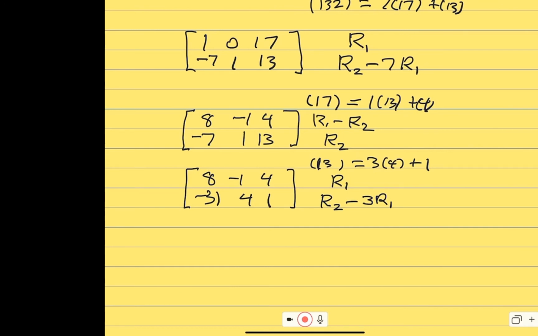All right, since 1 goes evenly into 4, we're done here. This shows in particular that the GCD of 17 and 132 is equal to 1.